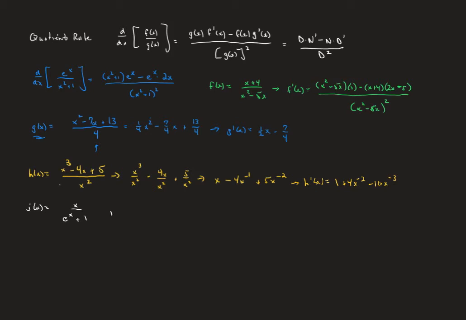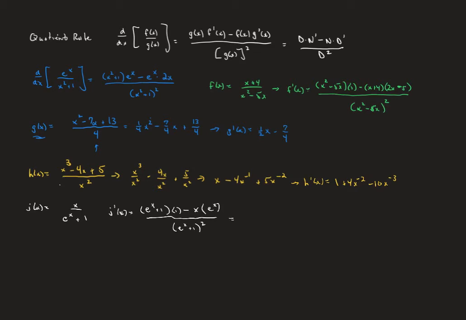We're just going to have to bite the bullet here and use our quotient rule. So we'll get the denominator times the derivative of the numerator minus the numerator times the derivative of the denominator, all over the denominator squared.